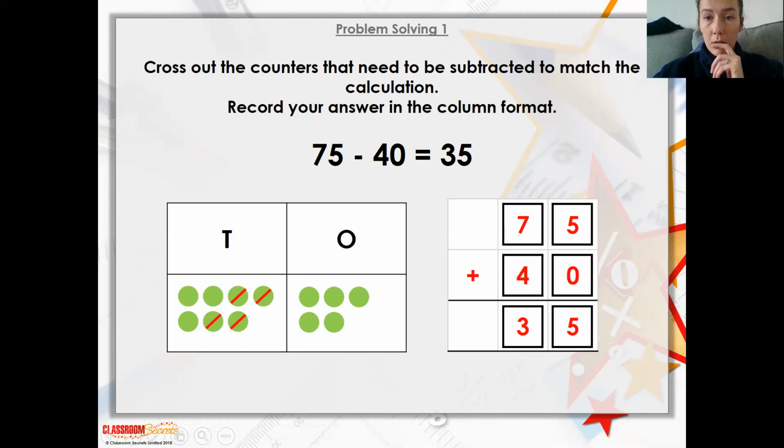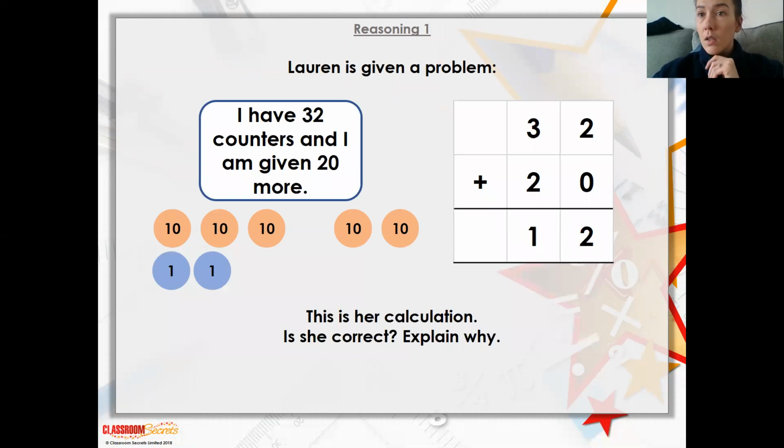Just click onto that. Oh, okay. Lauren is given a problem. I have 32 counters and I am given 20 more. Right. Is her calculation correct?